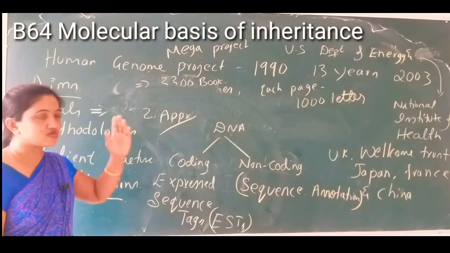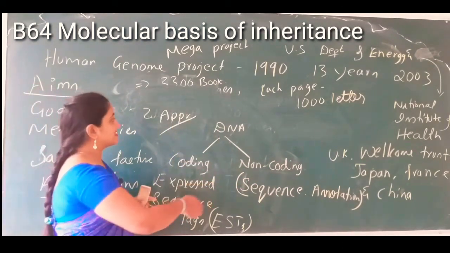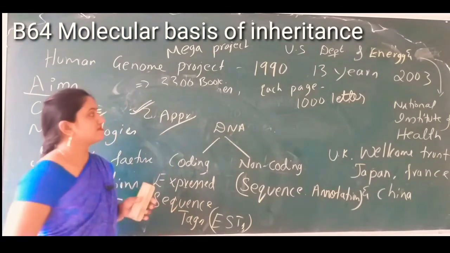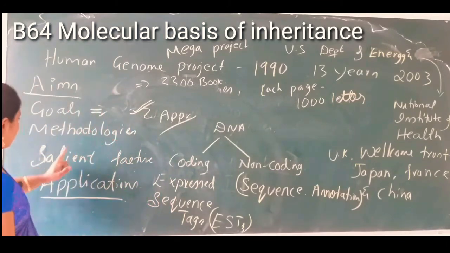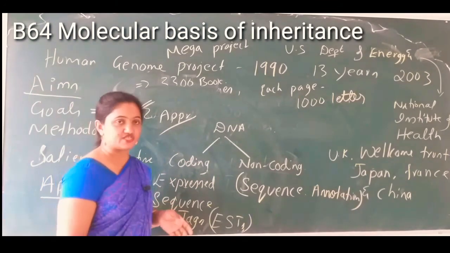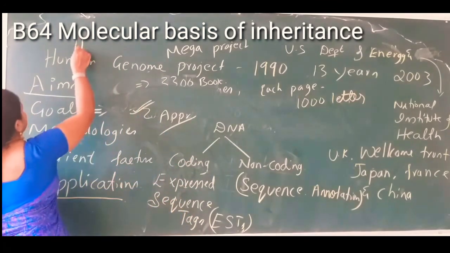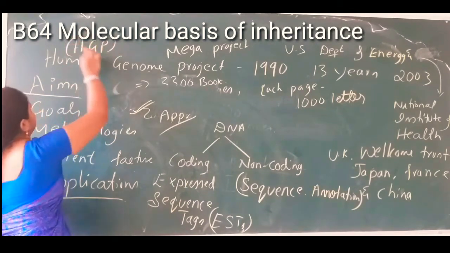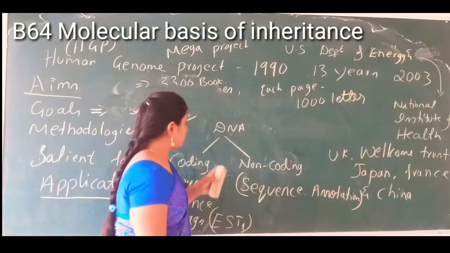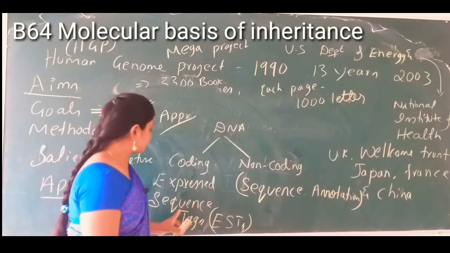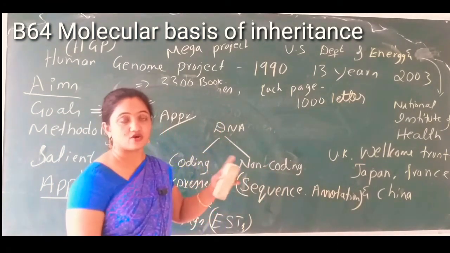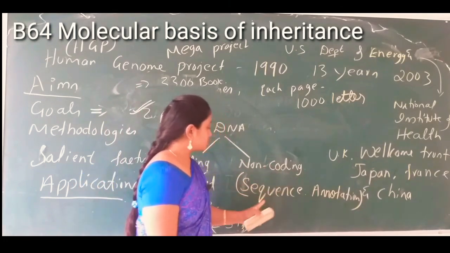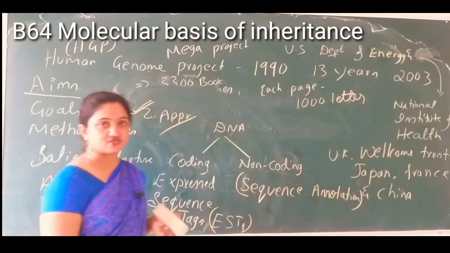Okay, so out of the two approaches, the second approach was followed. Why? I'll tell you in the salient features of HGP. So the coding strand is known as expressed sequence tags, and the non-coding or blind approach is known as sequence annotation.